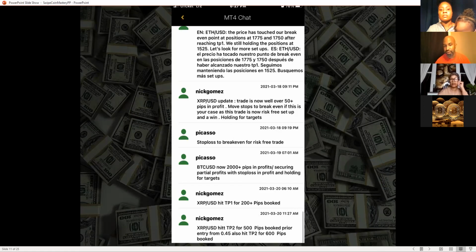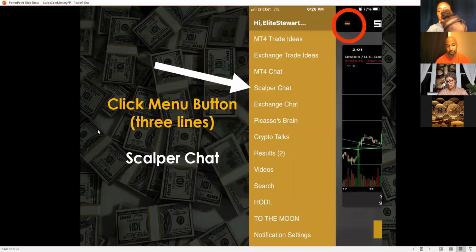Again, cryptocurrency is highly volatile. You can be highly profitable, but it can also go in the wrong direction. So you have to do your due diligence in securing your bag and protecting your account. The next tab you're going to see is the scalper chat. This tab goes along with the scalper, which shows you earlier.